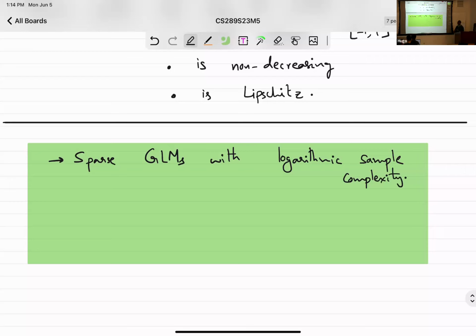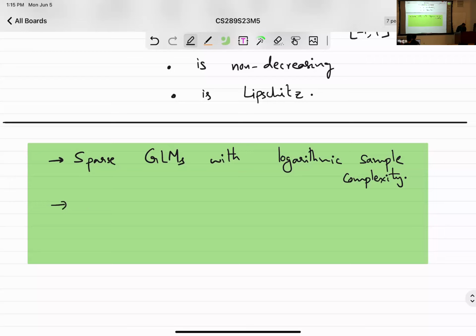Right, as far as linear regression goes, it's a very fundamental model, and putting an activation function after the linear concept seems like a very natural next step. And what we just saw is how to solve sparse versions of it with only logarithmic sampling.